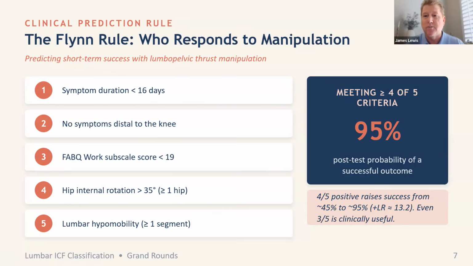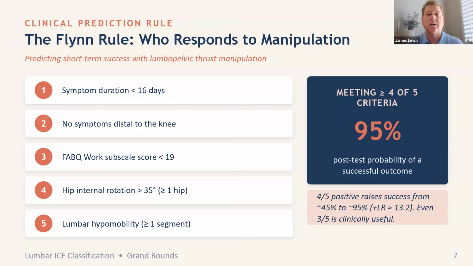Hip internal rotation, if you recall, when screening hips in general, internal rotation is the one that you lose the most and usually first. So as long as they've got good hip range of motion, their screen is clear, and then you find through your assessment, your CPAs, your UPAs, your PIVMs or PAVMs, that they have a segment that is either stiff, stuck, or can reproduce their symptoms.